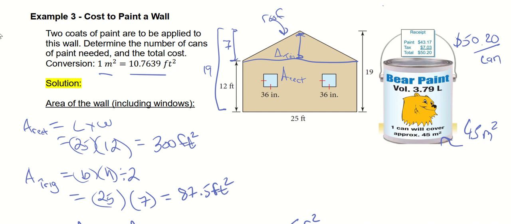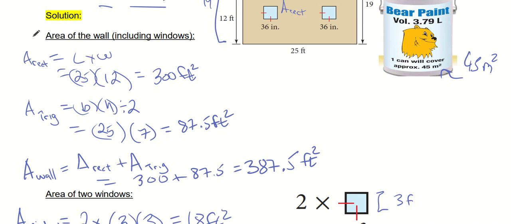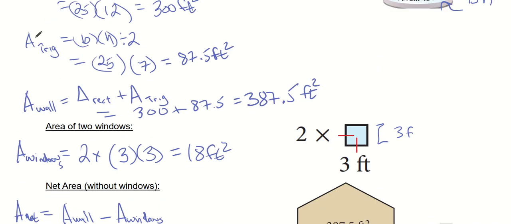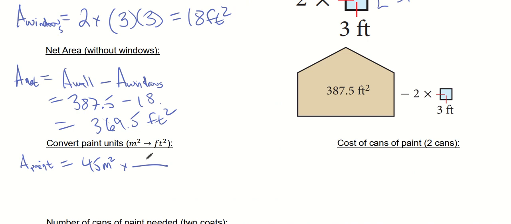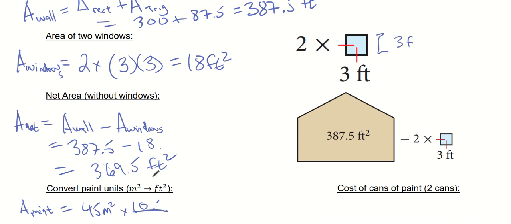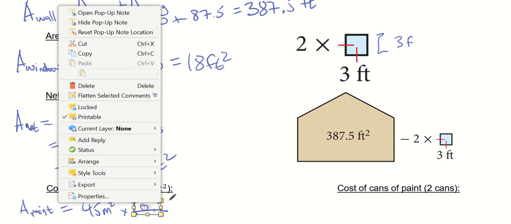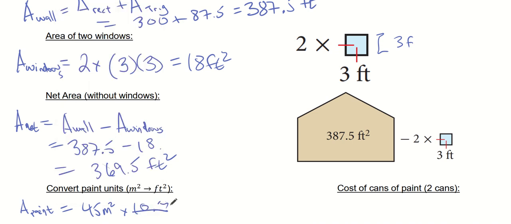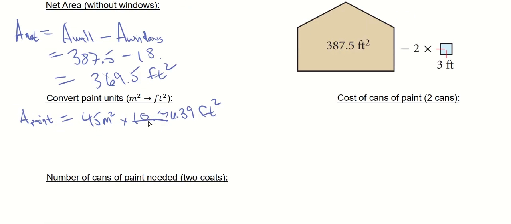So 10.7639 feet squared goes on top, over 1 meter squared.